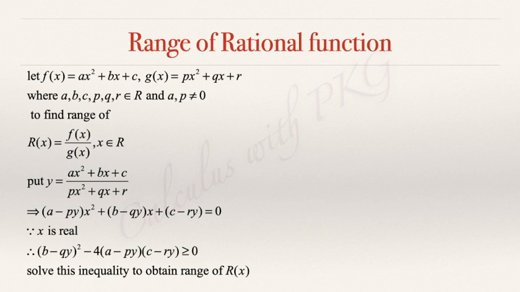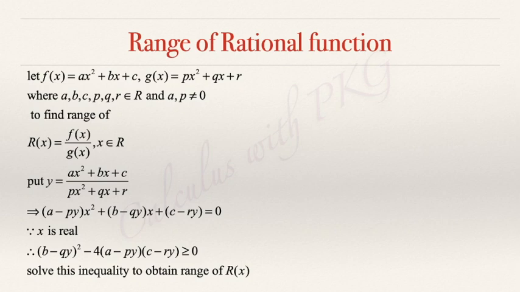And we already know the rational function r of x is a ratio of two polynomials. Here both the polynomials are quadratic functions. So r of x equal to f of x by g of x, where x belongs to real numbers. Now how to calculate the range of a rational function? We will choose a variable y that is equal to f of x by g of x equal to a x square plus b x plus c by p x square plus q x plus r.